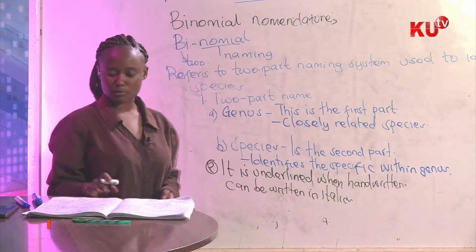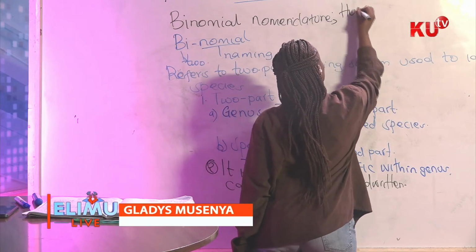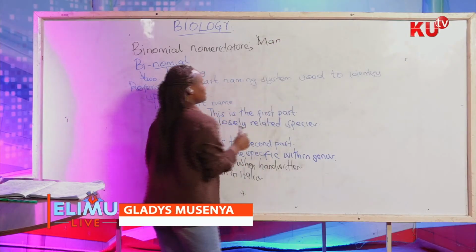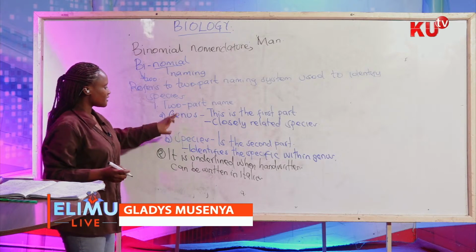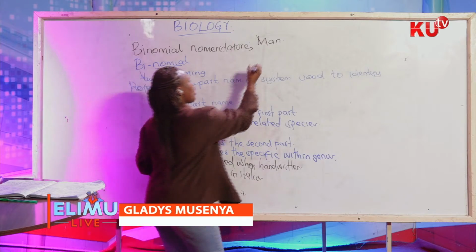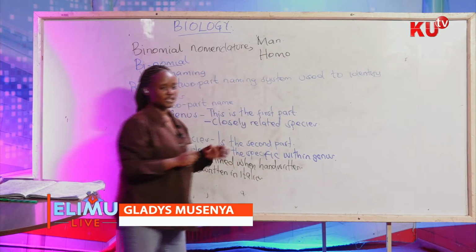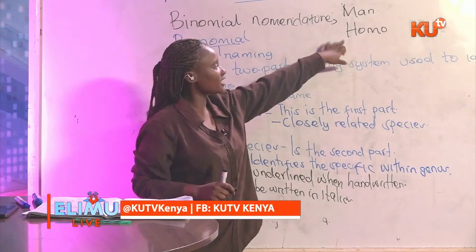Now, for example, we have the example of human or man. Let's use man. In man, we have the two-part name. We have the genus part, Homo, which is written with a capital first letter.